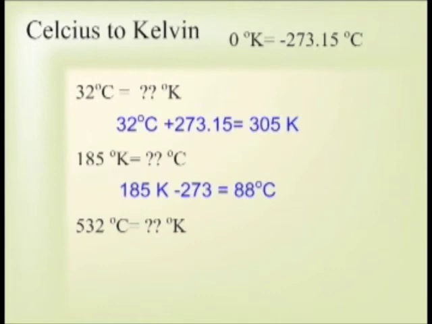So it's going to be 185 Kelvin minus 273, and that will be our degrees Celsius. And 532 degrees Celsius converted to Kelvin: 532 plus 273. And that will get us to where we want to be.